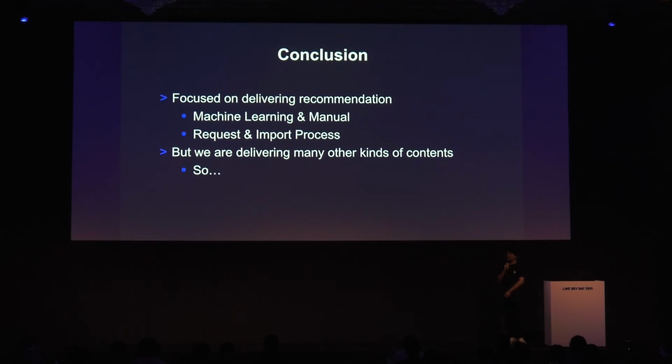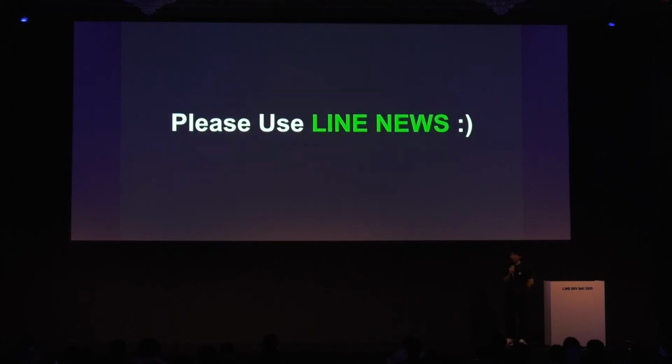But together with recommendations, we can further improve the quality. For all the users who are friends to Line News official account, we may be able to push different content to each and every one of them. When it is done, I think there will be another interesting story to tell you.